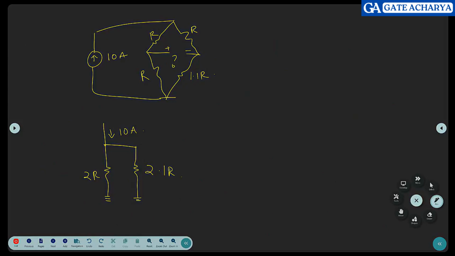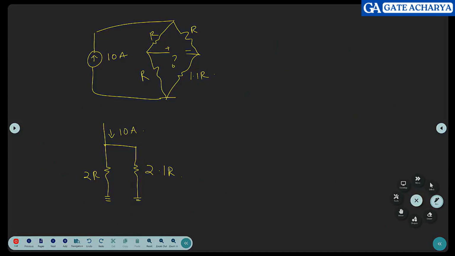The more you solve, the easier it becomes. There is the voltage source and the current source. If you know how to solve with a voltage source, and if you know how to solve with a current source, you are done. You are ready for the exam. Voltage means the voltage across the junctions is the same.